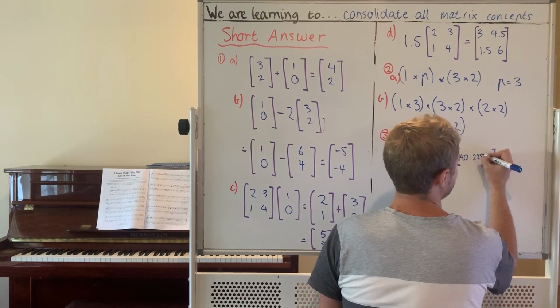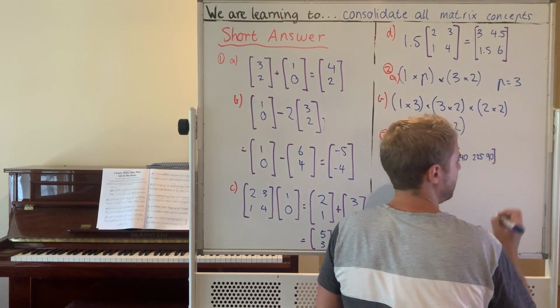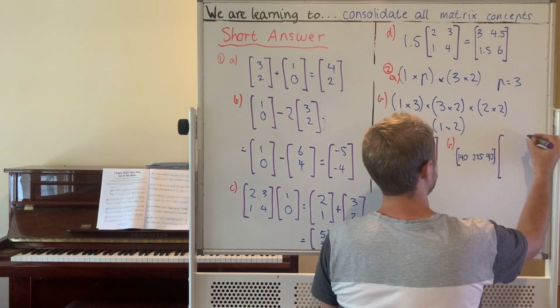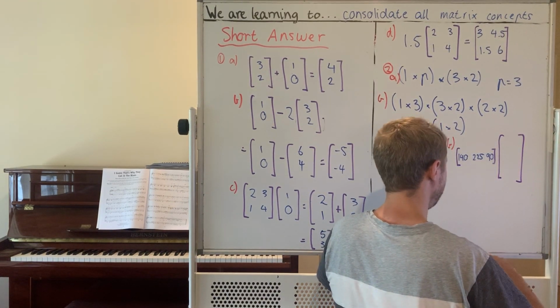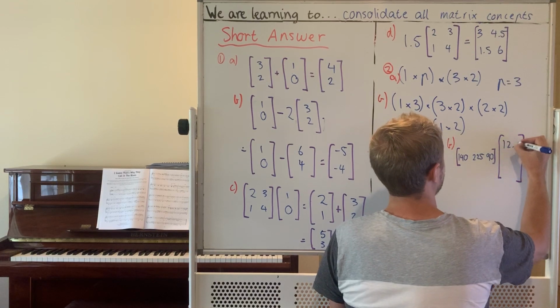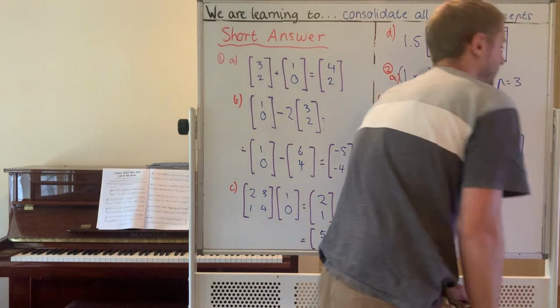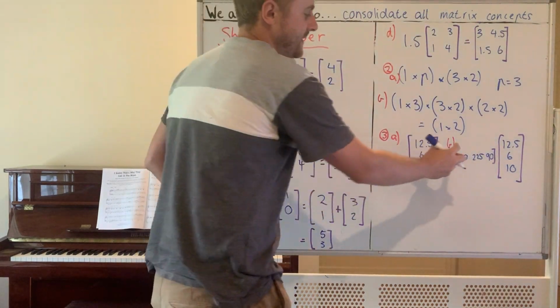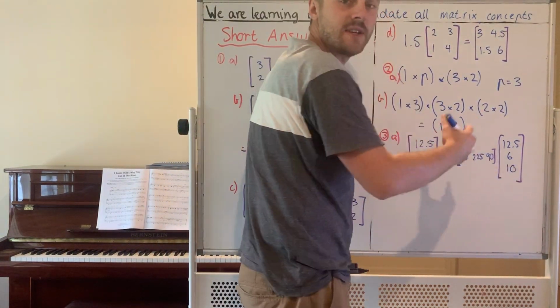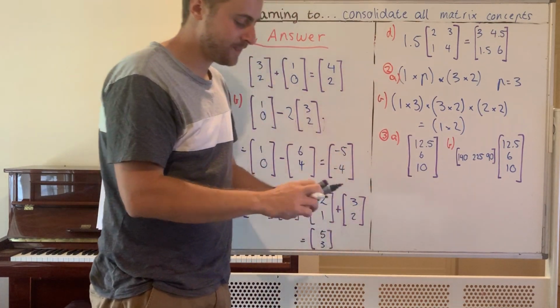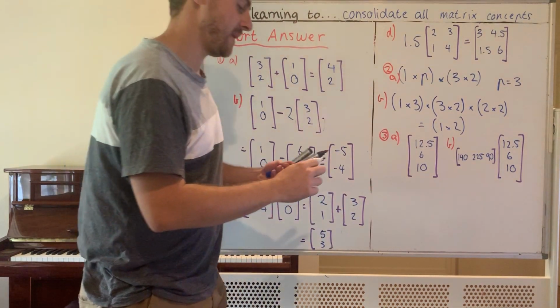Sorry, my marker's a bit small. So those are the number of tickets sold. And you multiply it to the matrix we came up with over here, the column one. Okay. This is a 1 by 3, this is a 3 by 1, so they're defined. 1 by 3, 3 by 1, the resulting matrix will be a 1 by 1, which is the amount of money that they're going to make in total.